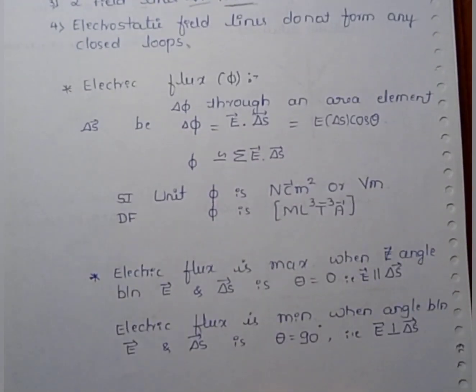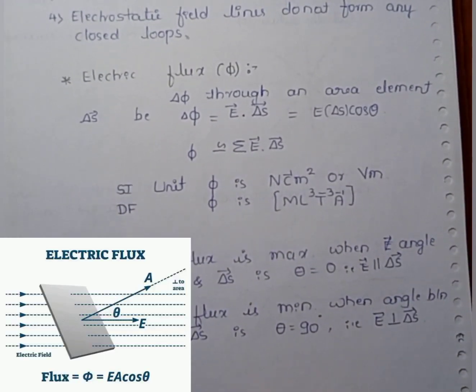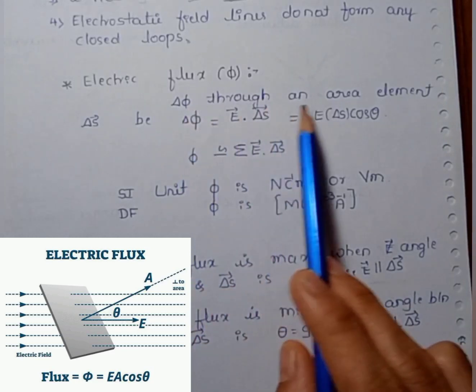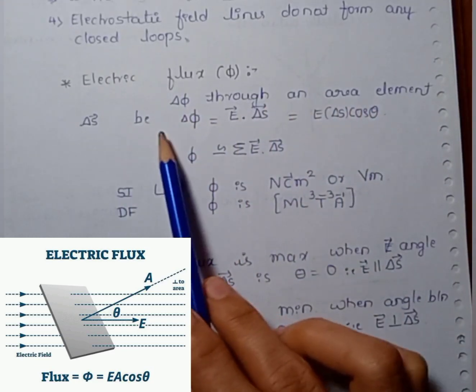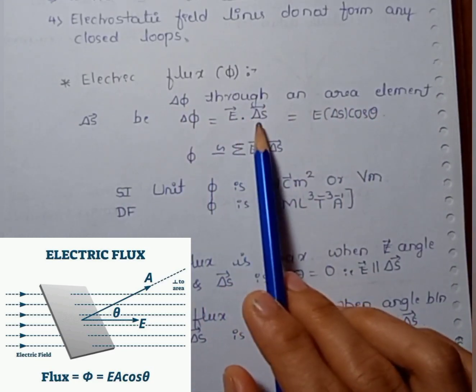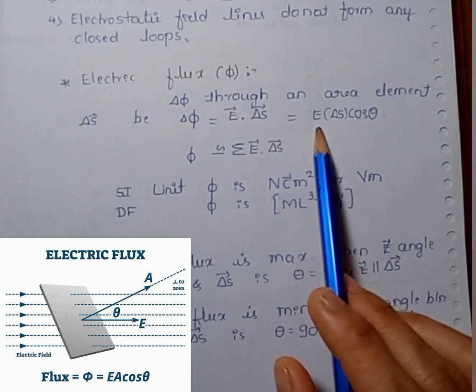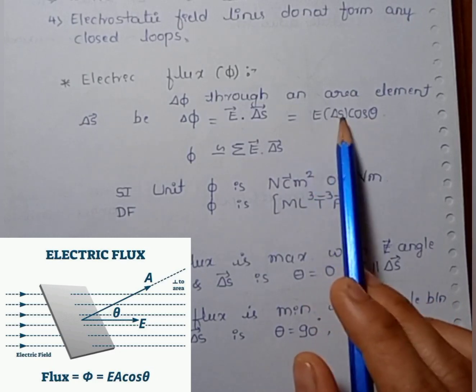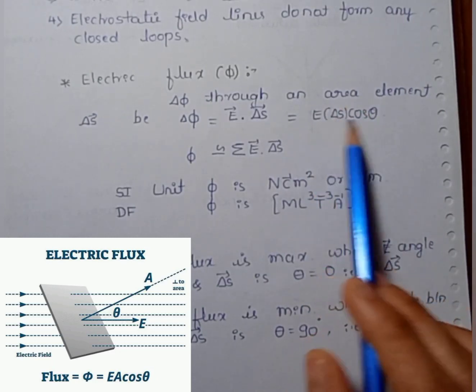Next concept, it is electric flux. Electric flux, delta phi, through an area element delta S can be written as E dot delta S. Just by removing the vector sign, we will get E into delta S into cos theta.